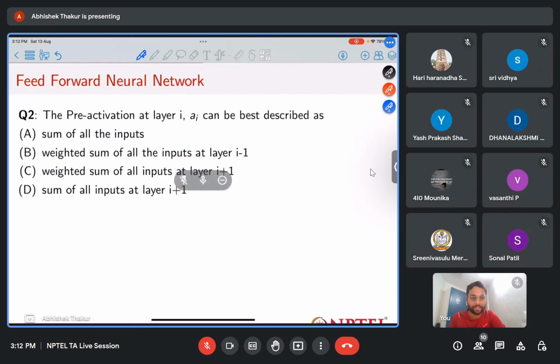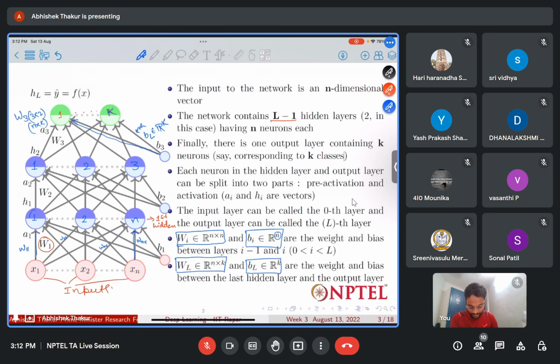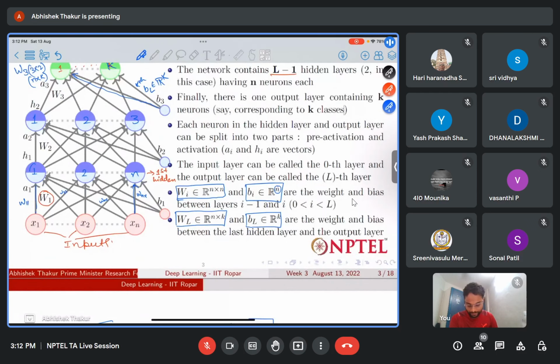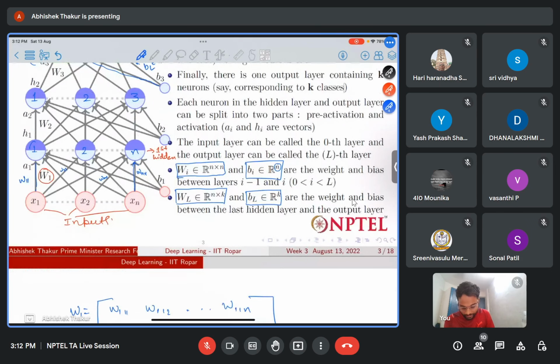Okay, so let me explain what this question says. As you can see in this diagram, this is our A1, A2, and A3. Option B, yeah, that is correct. Nice.